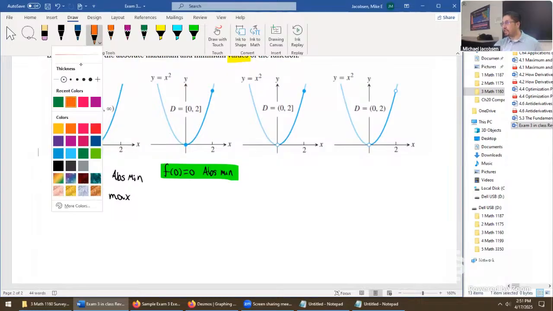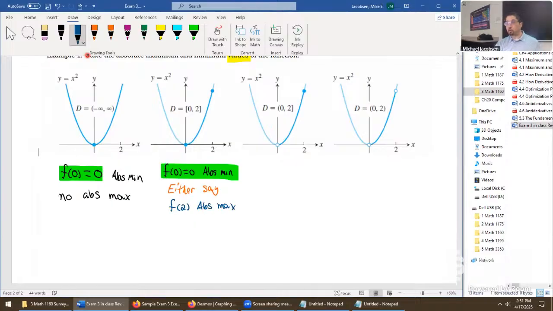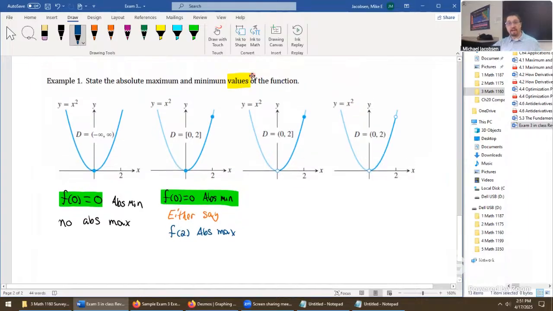So you can either say f at 2 is the absolute max. I would accept that for full credit because it's true. Take the input of 2, and f of 2 is describing an output already, and that output will be the maximum value.